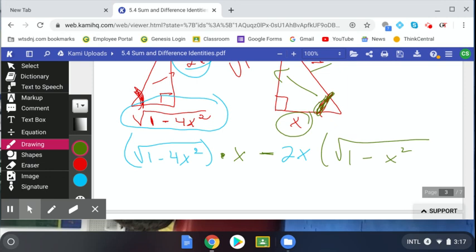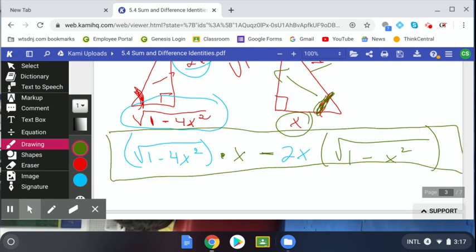And from there, there's nothing else I can do. I mean, I could distribute, but I'm not going to be able to simplify any further. So that should be my answer. Okay.